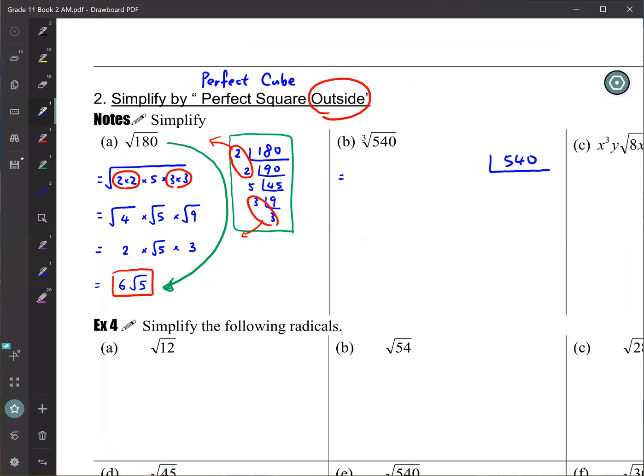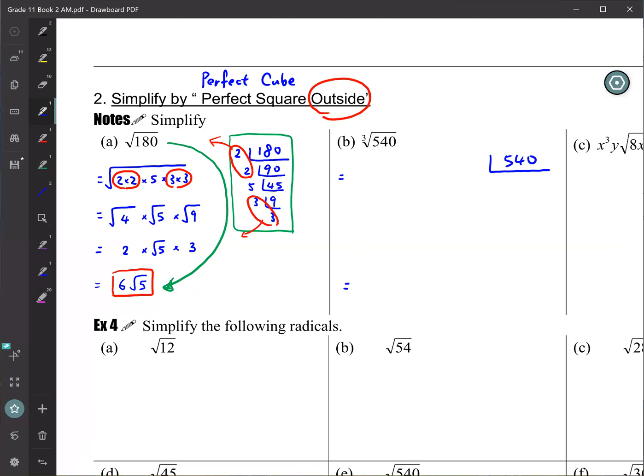So please complete the table, the stairs, the factoring. And then take whatever makes a triplet, make it go out, okay? And I'll check your answer when you're done. You can raise your hand when you finish.